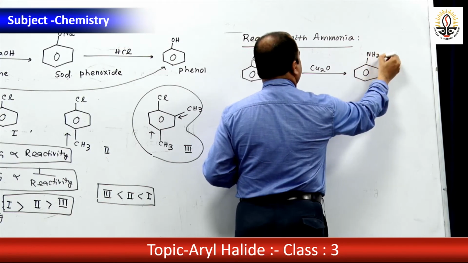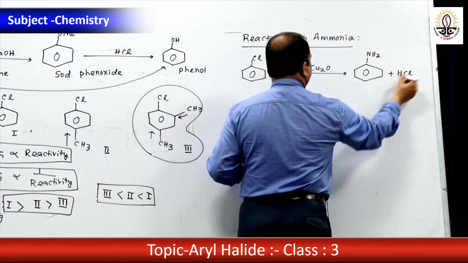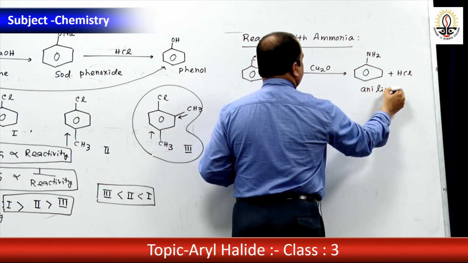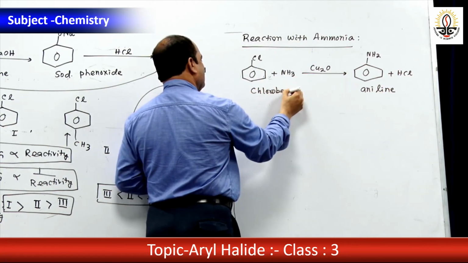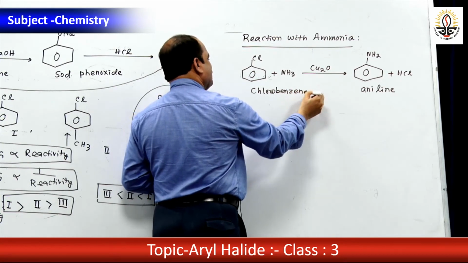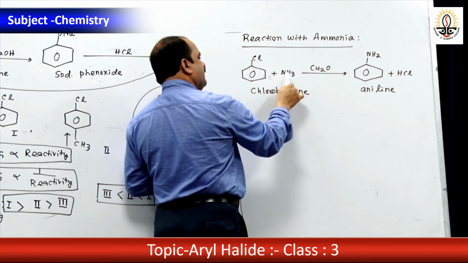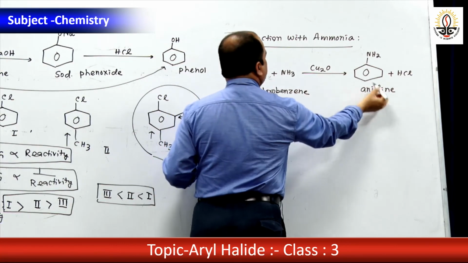We get aniline plus HCl. So when chlorobenzene reacts with ammonia in presence of copper oxide, aniline is formed.